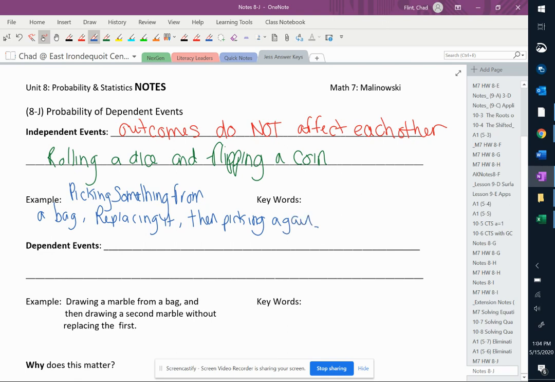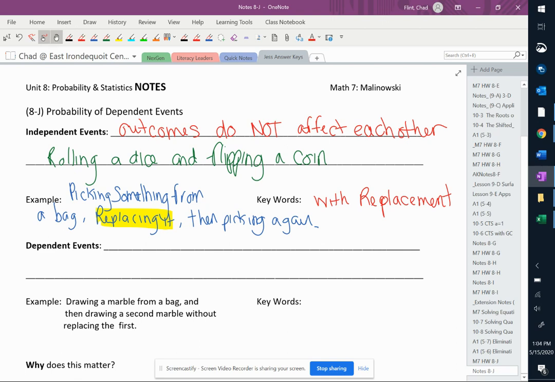And here, the keywords that we're looking at are the fact that after I pick that first item, I'm going back and I'm replacing it. So those keywords you're looking for are "with replacement." So those are independent events, like the marbles that we talked about in our previous examples.